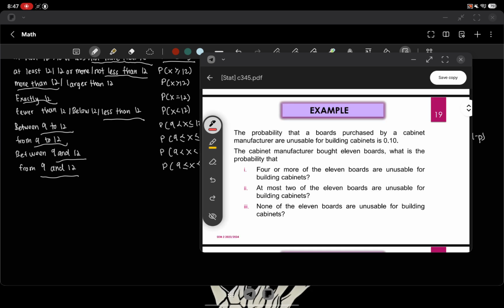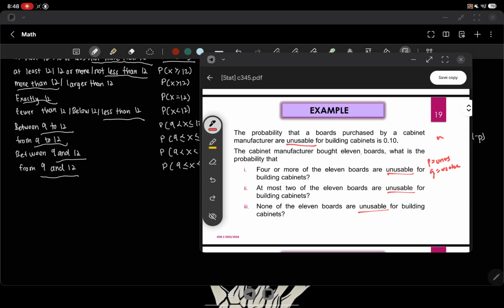In this case, it's telling us unusable, and the following questions are about unusable. So our case here is telling us that P is unusable and Q is usable. So this is how we find it.